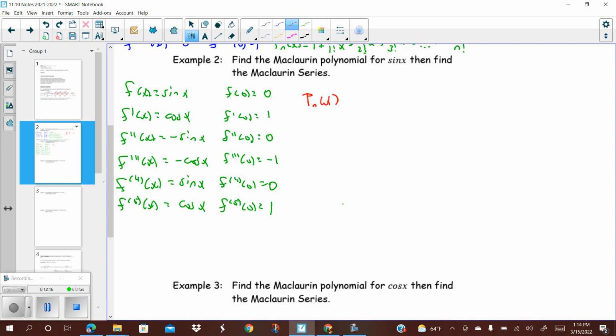So p sub n of x. Although the first term is 0.